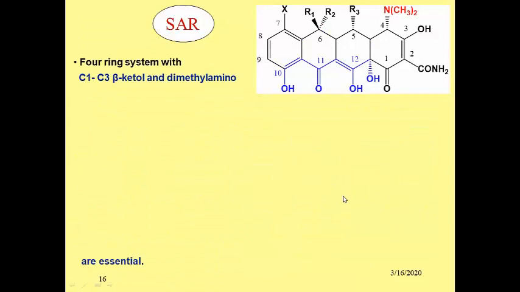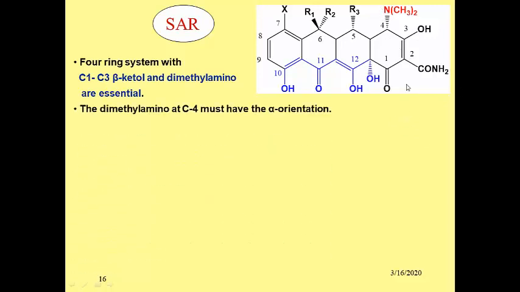So, in conclusion, the beta ketone or enol, the dimethylamino, and ring A are essential. Dimethylamino should be in alpha orientation.